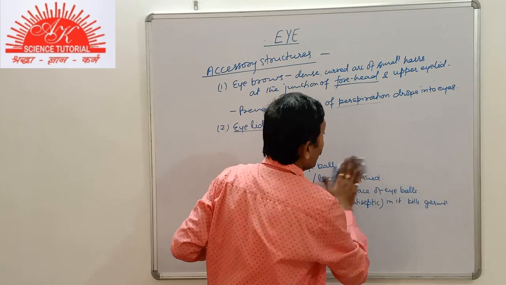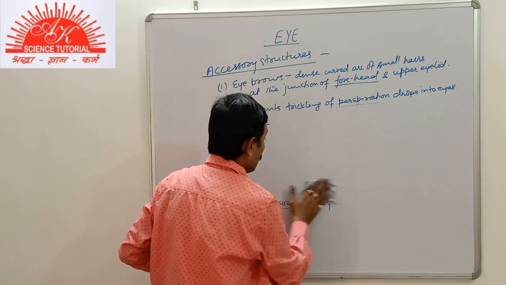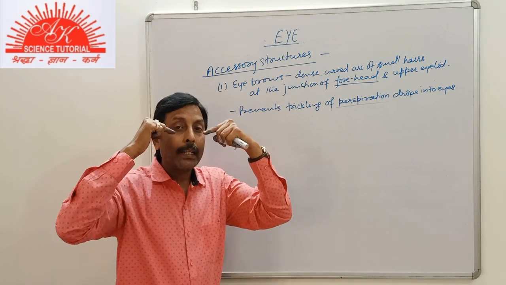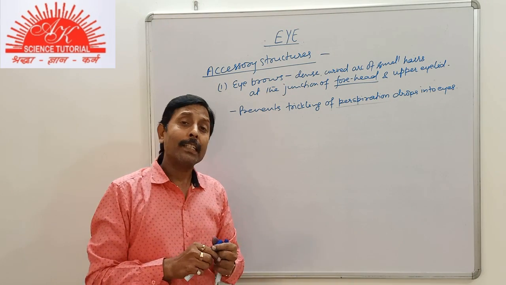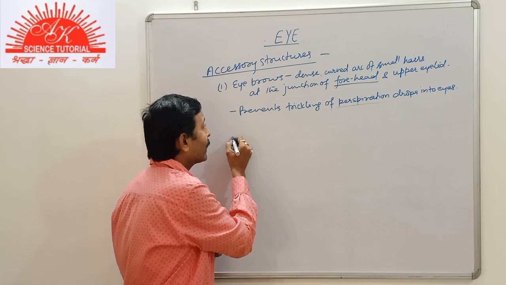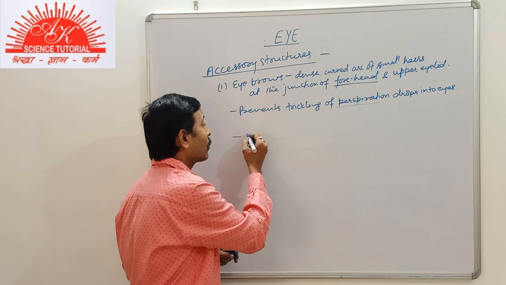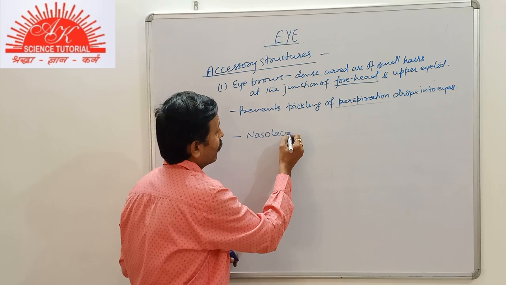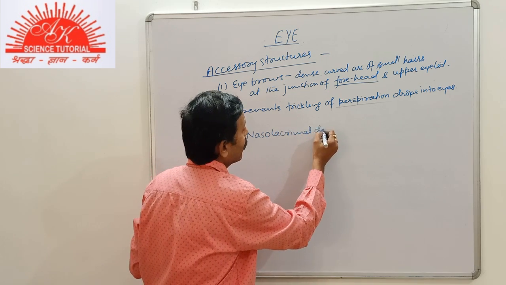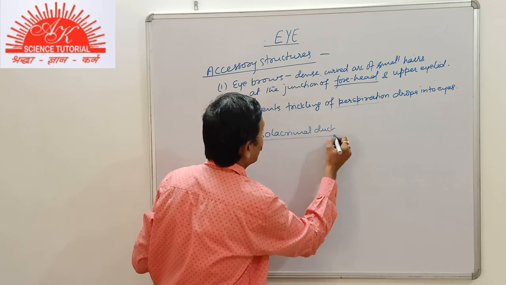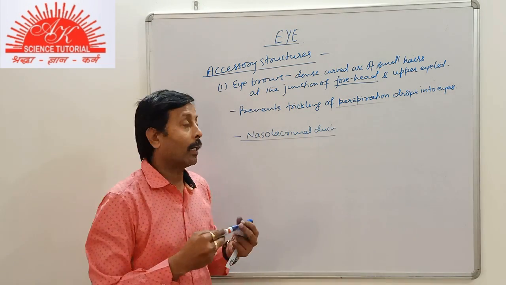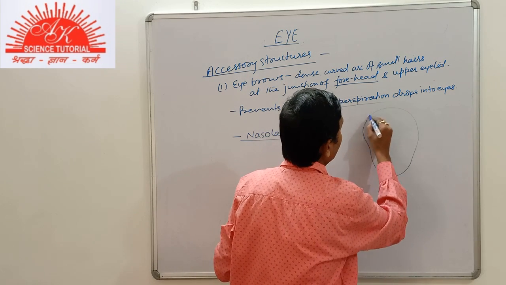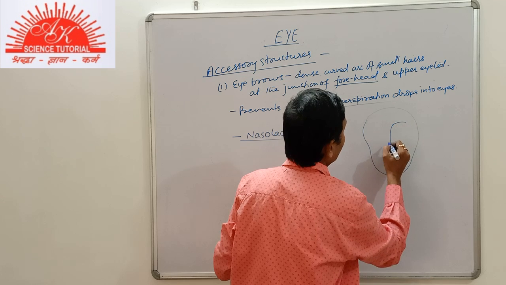Now, when the tear overflows, then it gets collected under it in the orbit, and it is drained by a tubular structure that is called nasolacrimal duct. Suppose we have this structure.